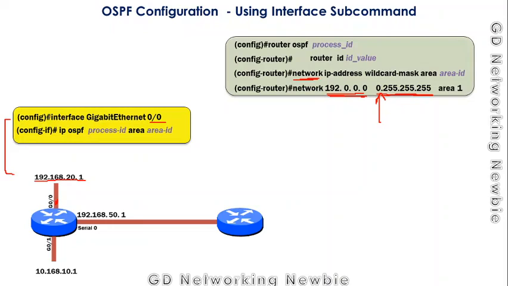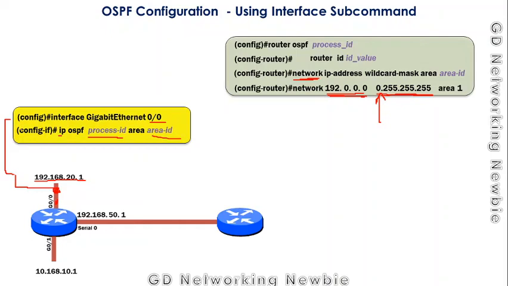Then once we are in that particular interface, if we want to enable the OSPF routing protocol on it, we use this command: ip ospf, the process ID and the area ID.